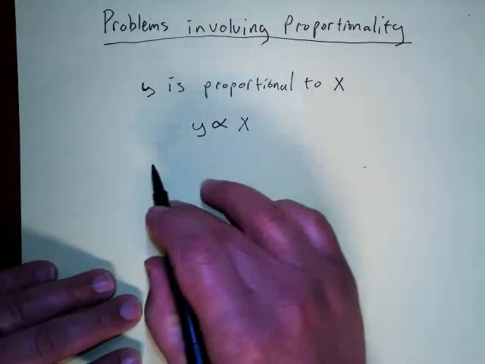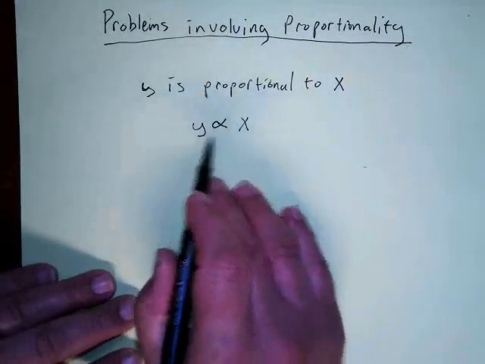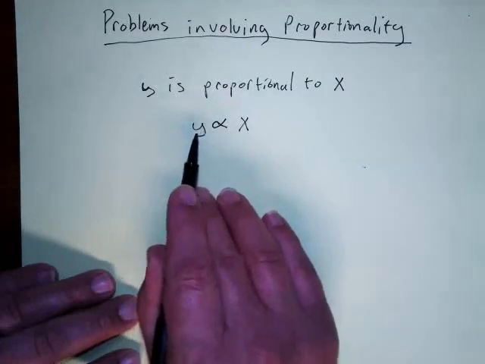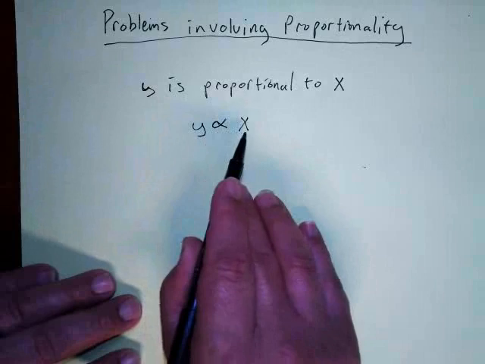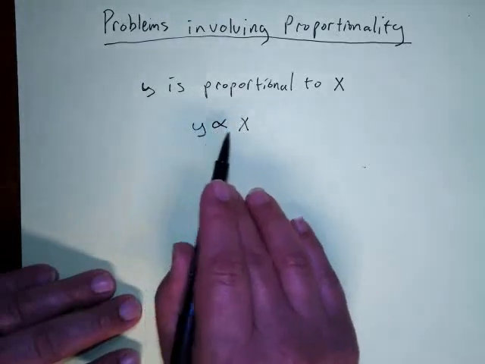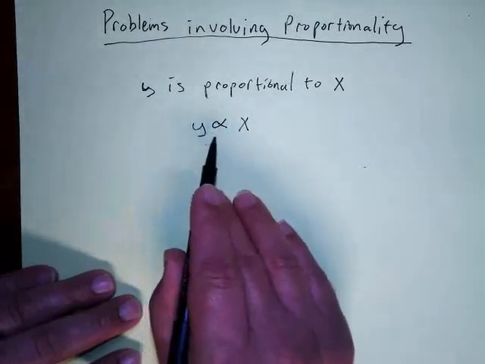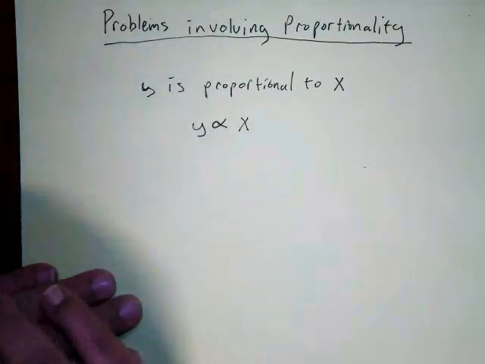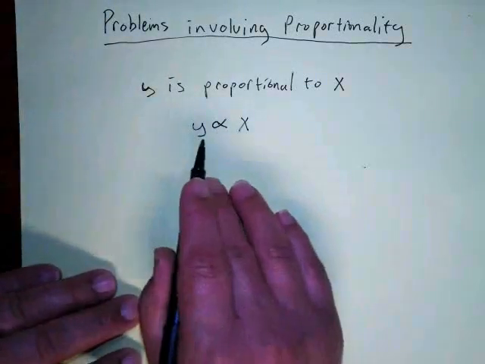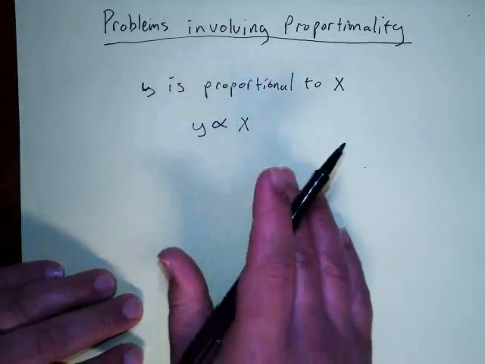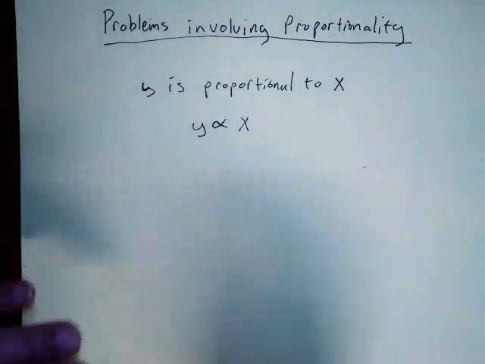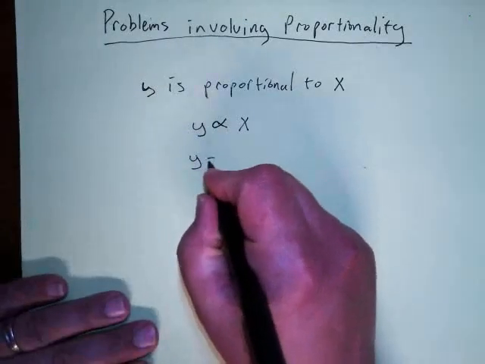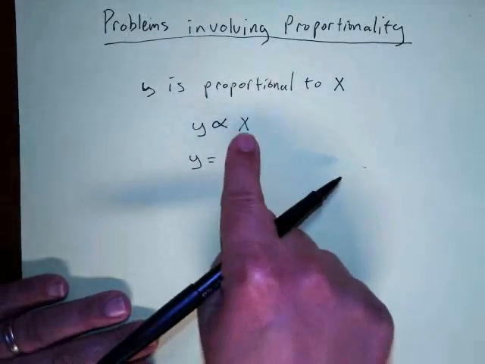I don't know why, but the book that I learned this from used this symbol, and this is a way of writing that Y is proportional to X. Kind of like maybe Y is equal to X, or Y is less than X. It's a relationship between these two things.